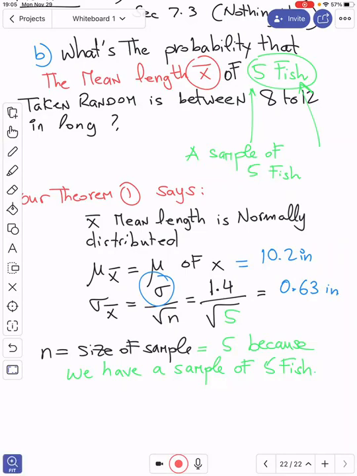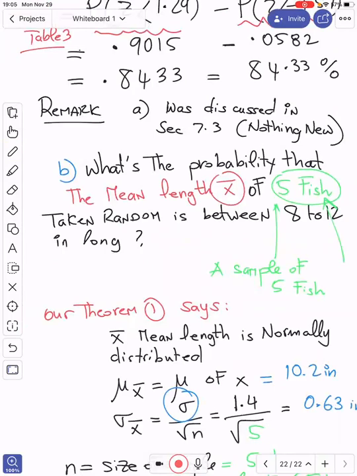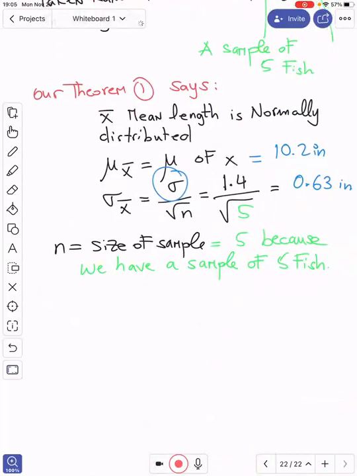So what we need to do here, guys, is find the probability that the mean of these 5 fish taken at random is between 8 and 12 inches long, right? So we need the mean length of the 5 fish to be between 8 and 12.